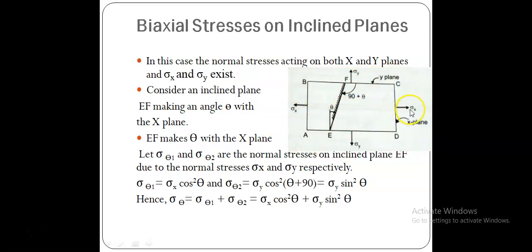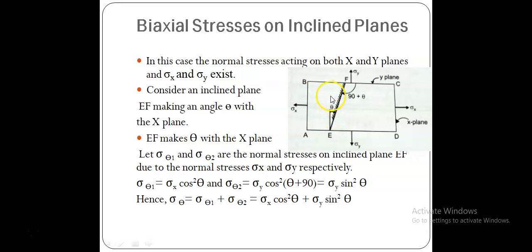Because of this sigma x, the normal stress we can find along this inclined plane EF, let it be sigma theta 1. In the other case, we ignore sigma x and there will be only sigma y. Because of this sigma y, what is the normal stress on this plane?